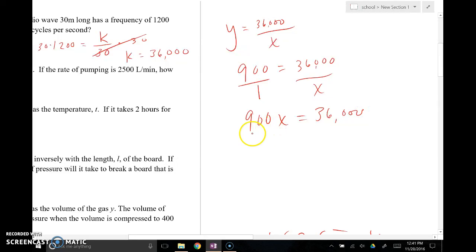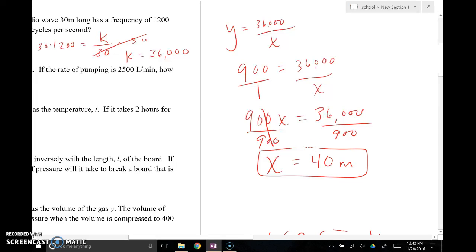And so now to get x by itself, I would divide both sides by that coefficient 900. Those cancel, and I've got x is equal to 40. So the wavelength is 40 meters when the frequency is 900.